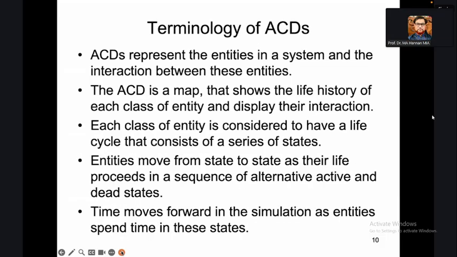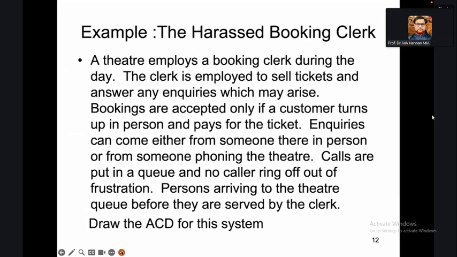So given this, here the clerk is employed to sell the tickets. So the booking clerk is engaged in some activities: selling the tickets, okay? Then answering the calls. So bookings are accepted only if the customer turns up in person and pays for the ticket.